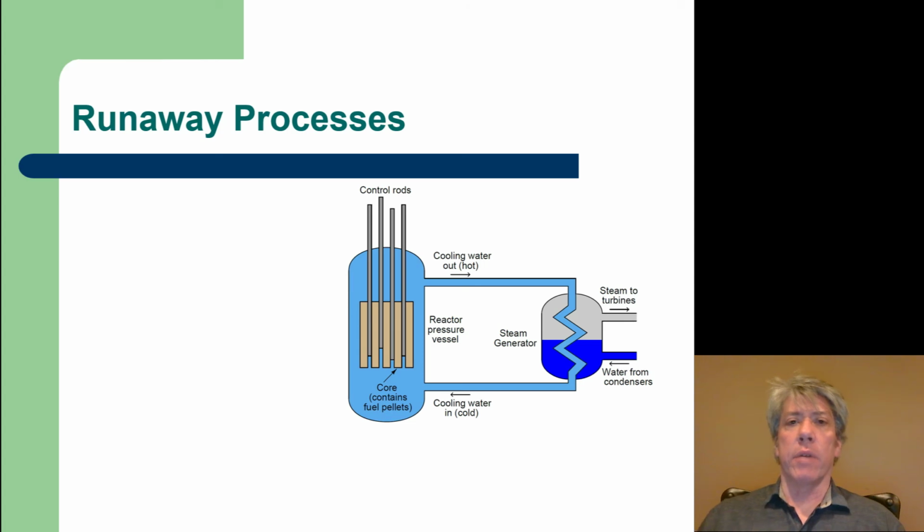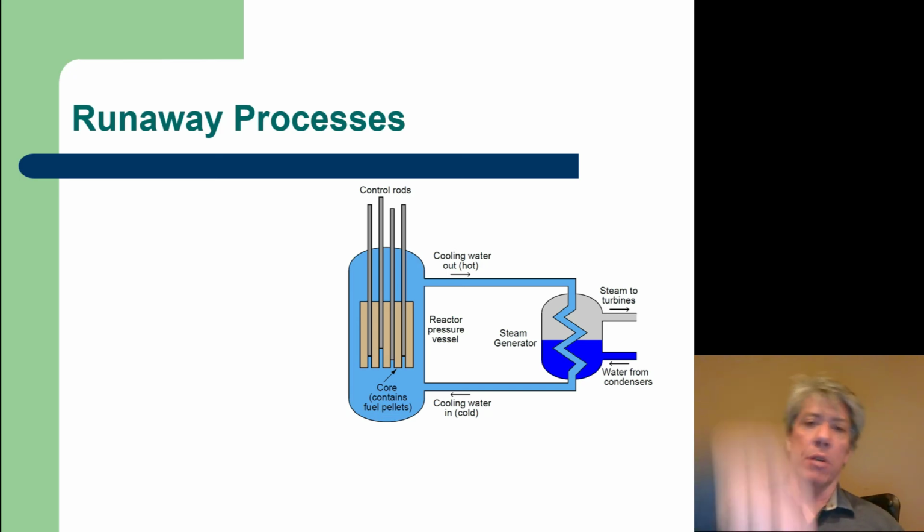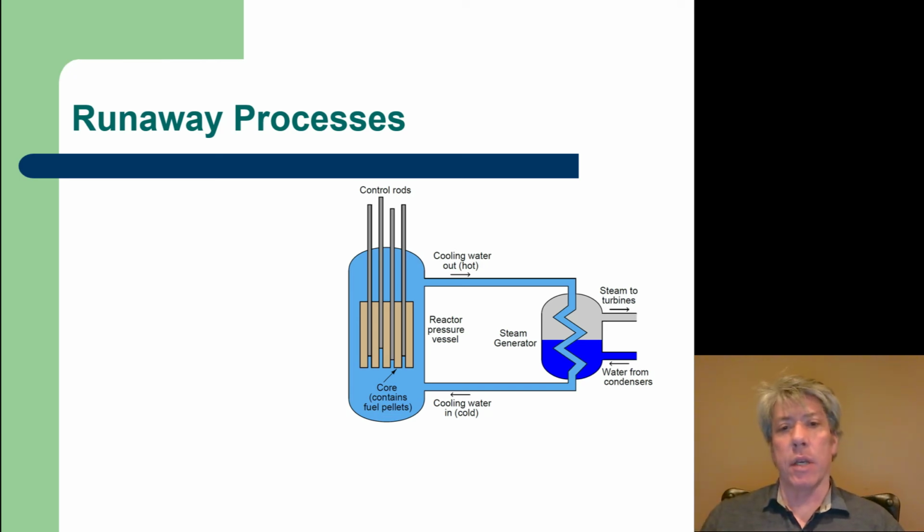Now, there are runaway processes that would be of concern. Nuclear reactors are one that could potentially be a runaway process. One way to run a nuclear reactor is to have the fuel be above critical mass, so that the reaction is self-sustaining, and just insert control rods that moderate the neutrons that are coming out of the fuel and causing more nuclear reactions.